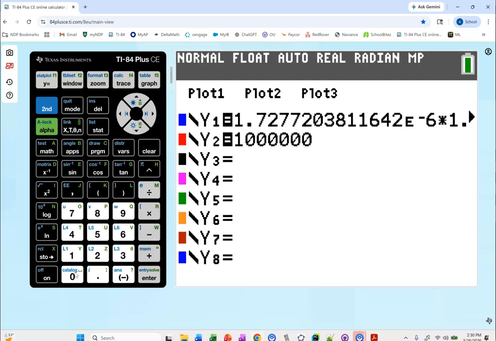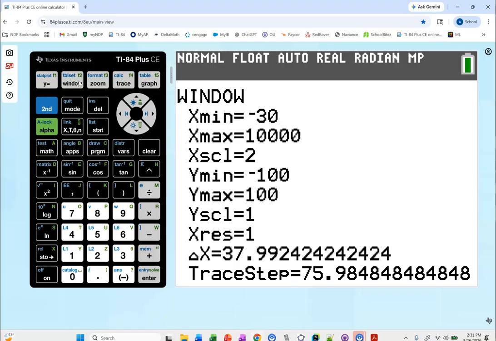Now I'm going to have to be careful about choosing my window because if you just hit graph, you're going to probably see a fat lot of nothing. So I'm going to go to the window key here, and I'm going to think hard about my graph. What time does my situation start at? What year? Okay, so that'll be my first year. What other piece of time information are we given? 2000.